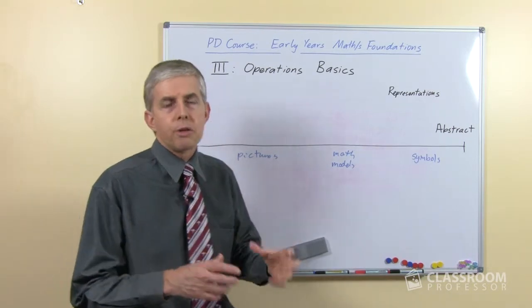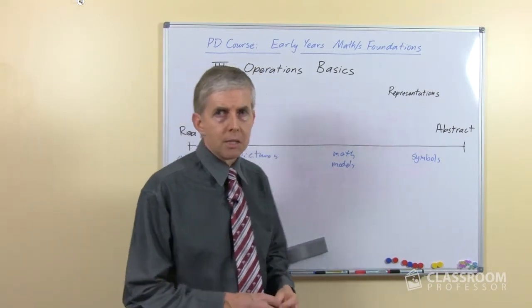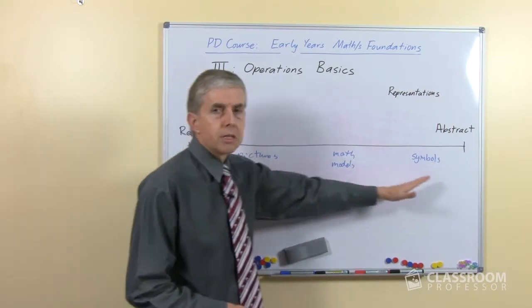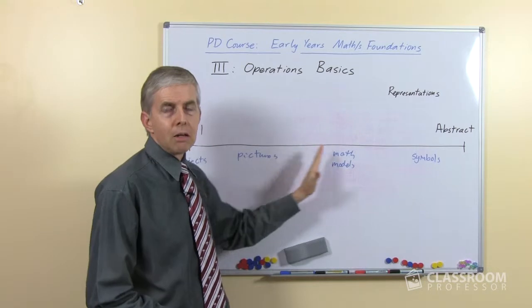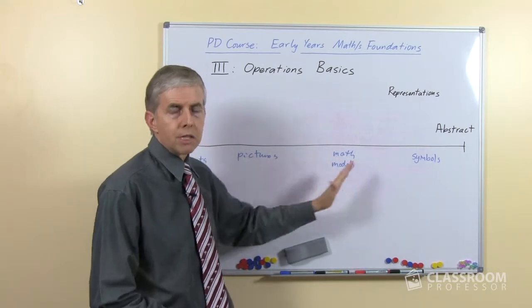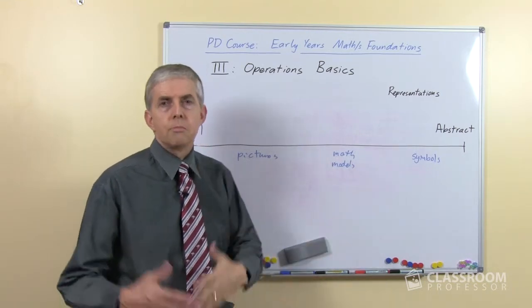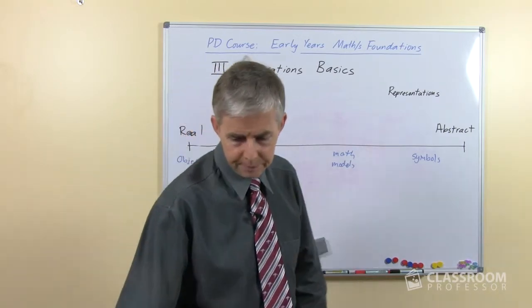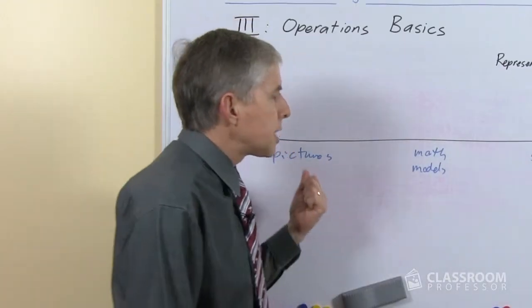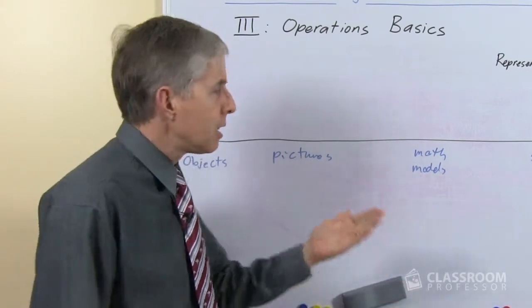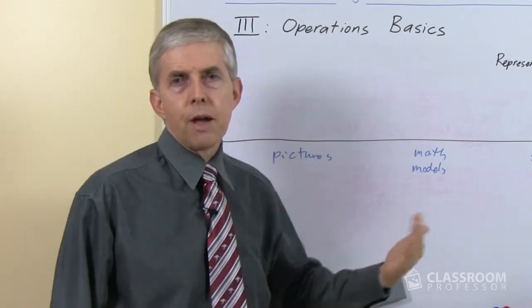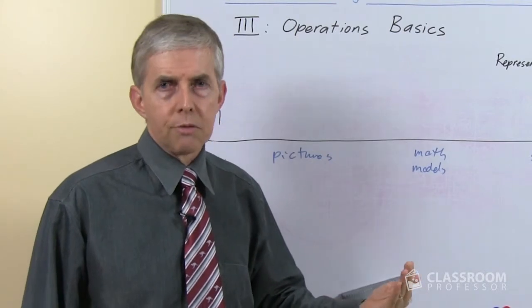They are a more abstract way of showing mathematics, but not as abstract as the symbols. And so we're going to be working in this middle range, if you like, quite a lot, especially with the early years, which is why I'm talking about it now. The students, as I've said in the notes, will benefit from having a range of models, and I think there's a range of levels of abstractness, which is relevant as well.